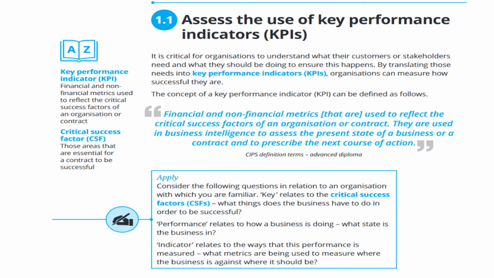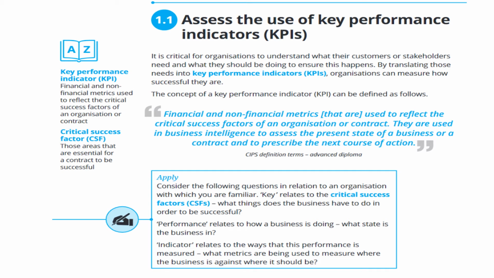It is critical for organizations to understand what their customers or stakeholders need and what they should be doing to ensure this happens. By translating those needs into key performance indicators, organizations can measure how successful they are.